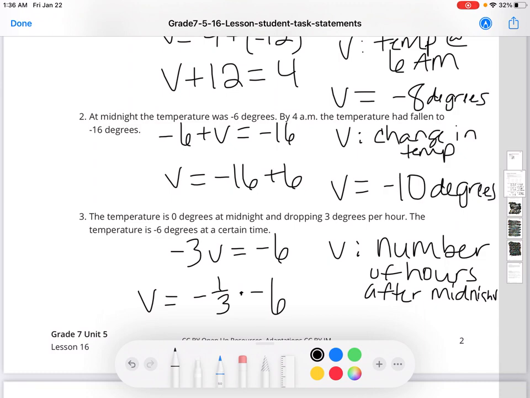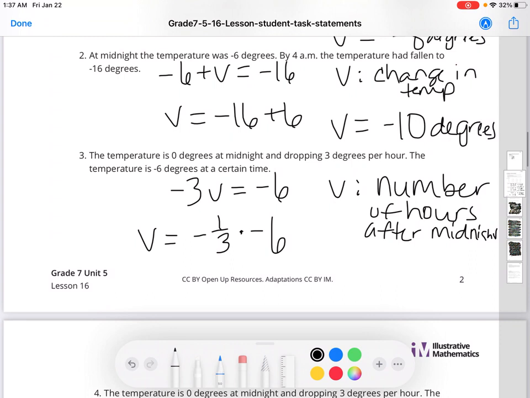So V would equal what for this equation to be true? V would equal 2. So that tells me that it took 2 hours after midnight to go from 0 degrees to negative 6 degrees. So that certain time that it mentioned is 2 a.m.